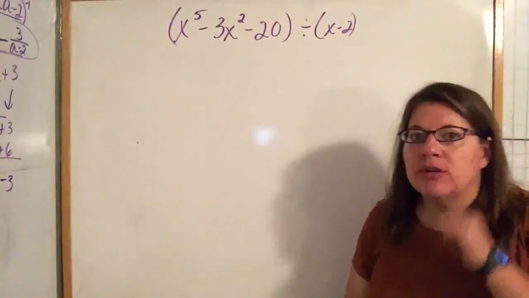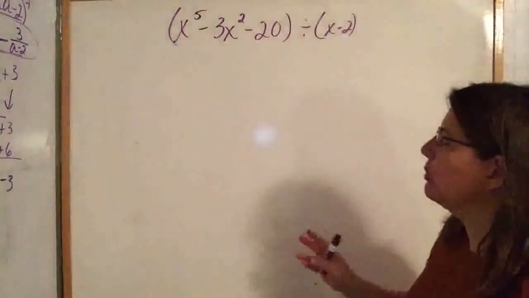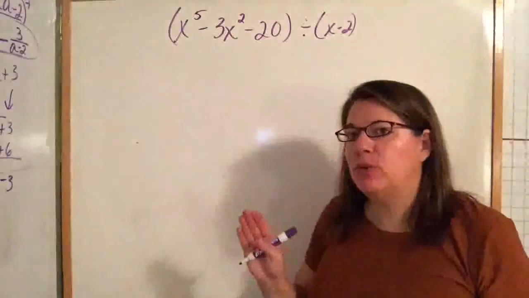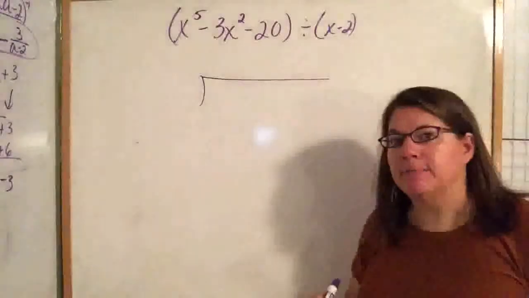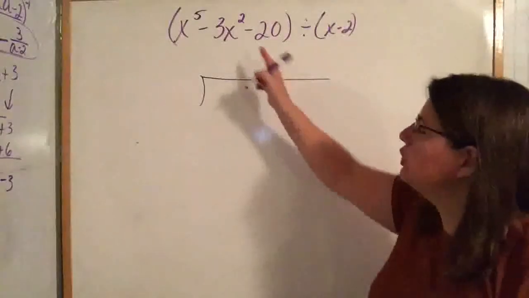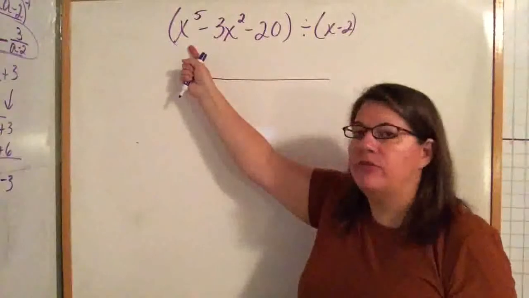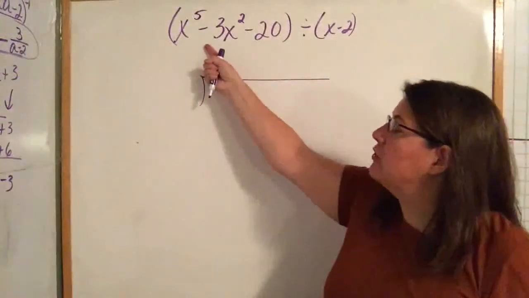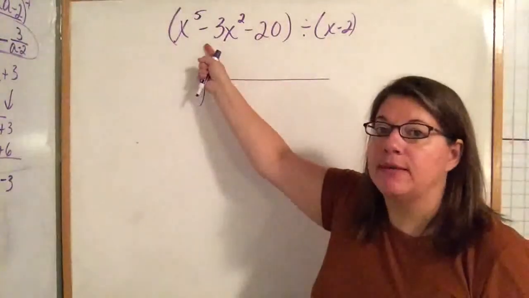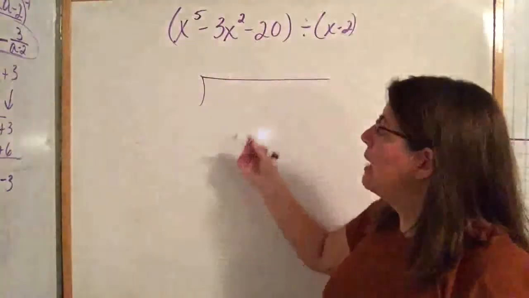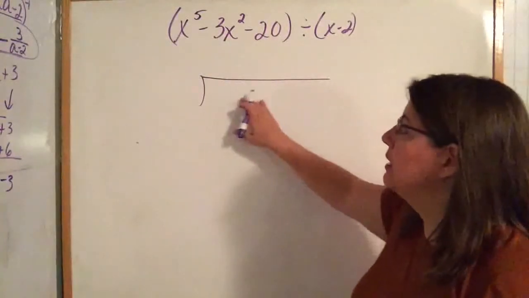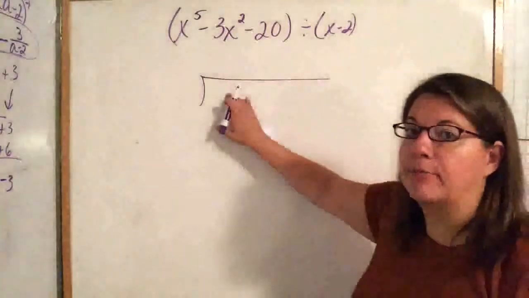Earlier I had mentioned that if you have any terms that are missing, you have to include them in your dividend. If you look at this one, we've got x to the 5th. Our x to the 4th and x cubed terms are missing. If that happens, I'm going to have to account for them in this portion of my problem.